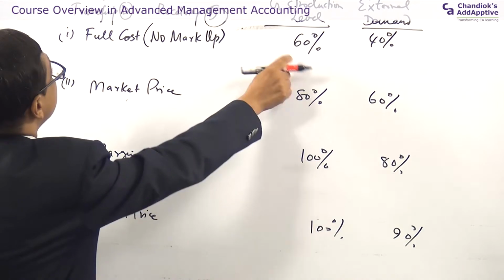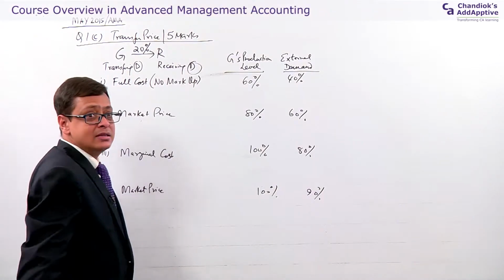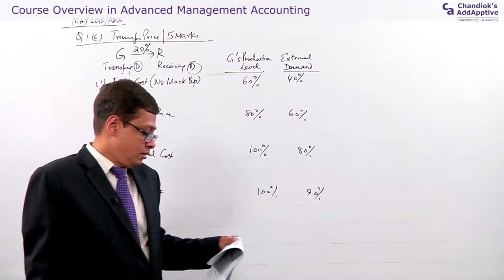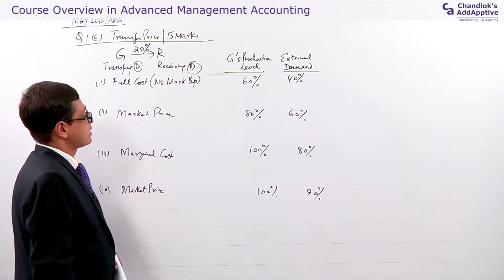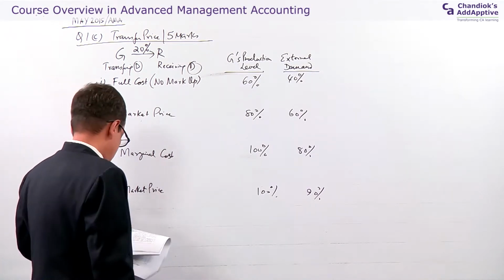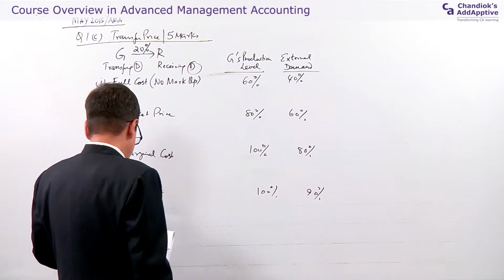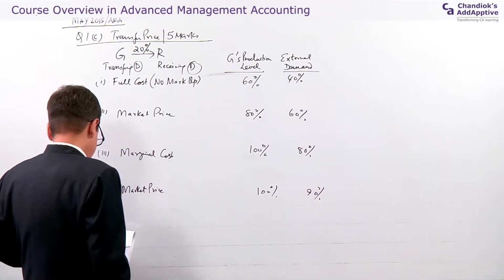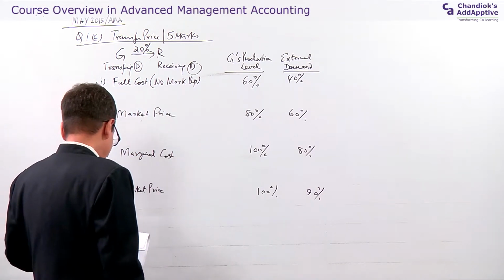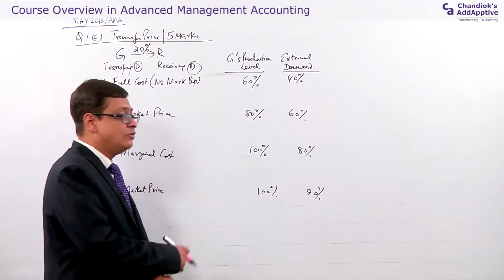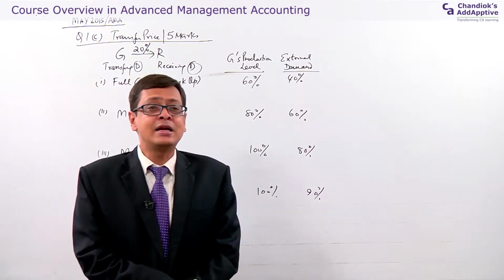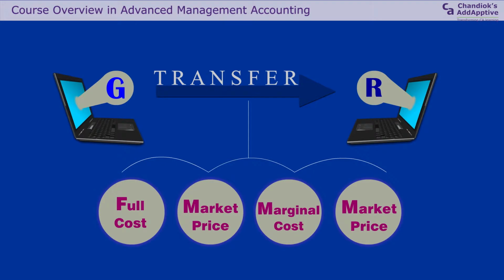Why? 60% minus 20%, that is 40%, by selling to the external market, right? Which means G is not able to recover the full cost. So by giving 20% at full cost, G will be able to recover that 20% as the full cost.